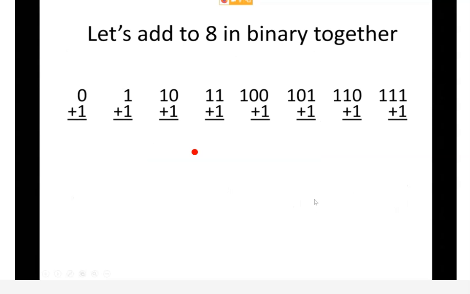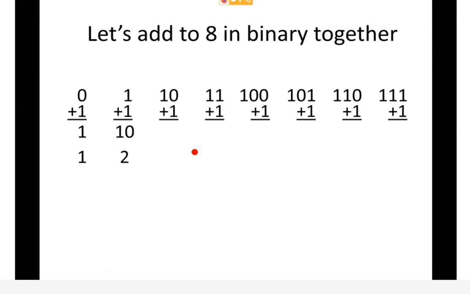So when we add 0 to 1, we get 1, and this is our decimal equivalent down below. We carry the 1. It looks like a 10, but if it's a binary number, sometimes I'll write a little 2 down here, just to give you an idea that it is a binary number.